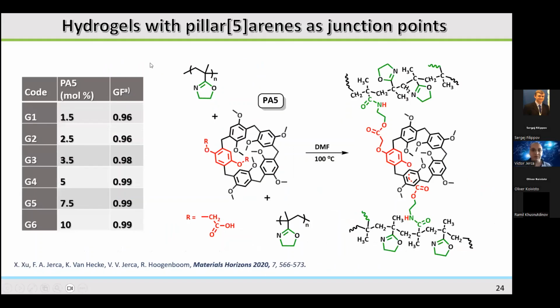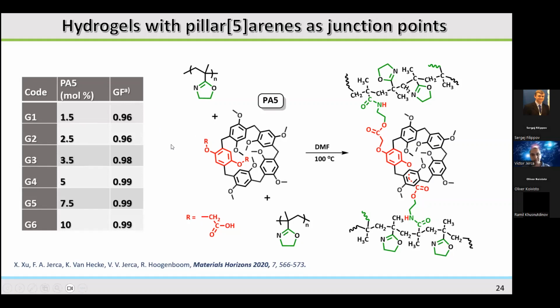Using Pipox, we also synthesized hydrogels that were used for water purification, and we did this by using a crosslinker, namely a derivative of pillar[5]arene that can host different guest molecules.